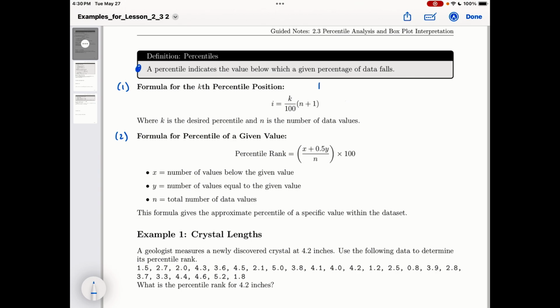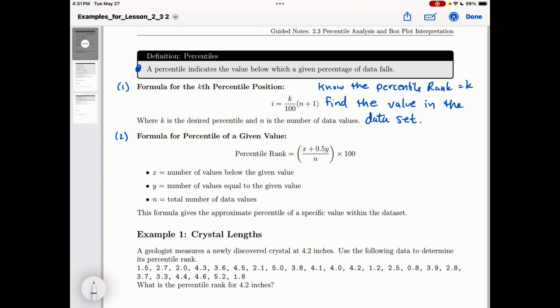The first formula is where we know the percentile rank. That's your K value. And we want to find the value in the data set that corresponds to that percentile rank.